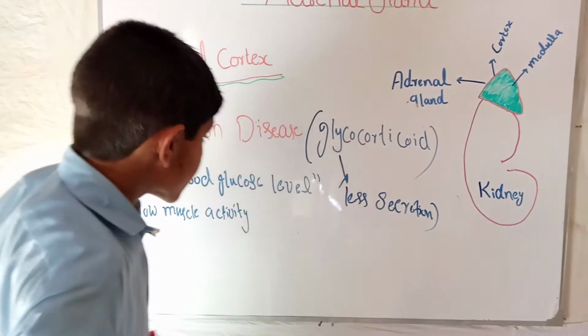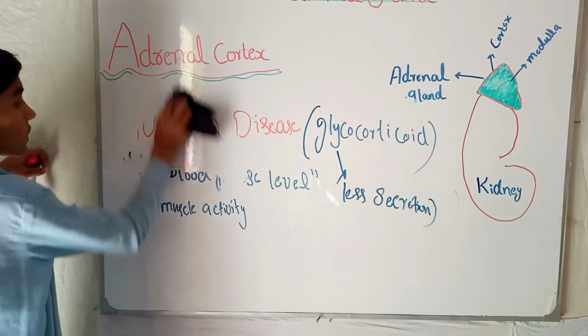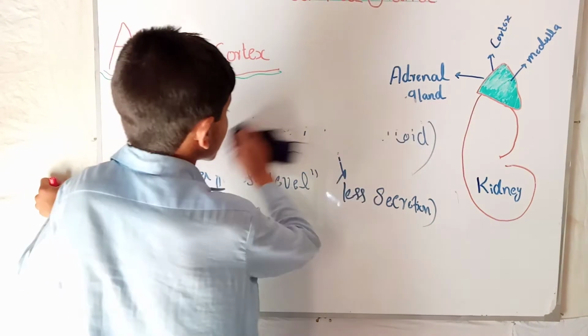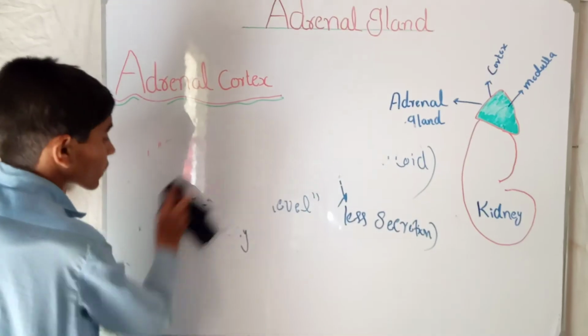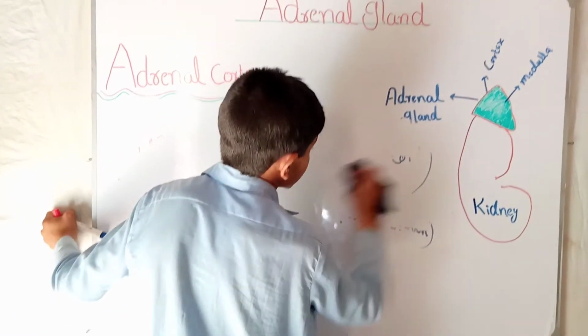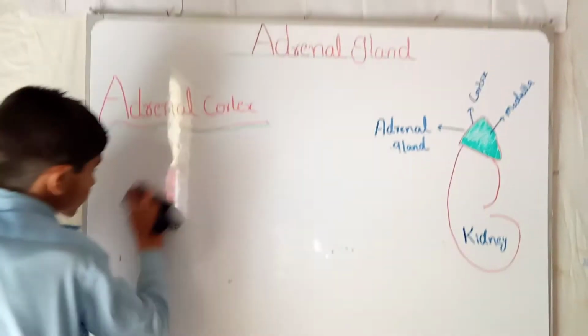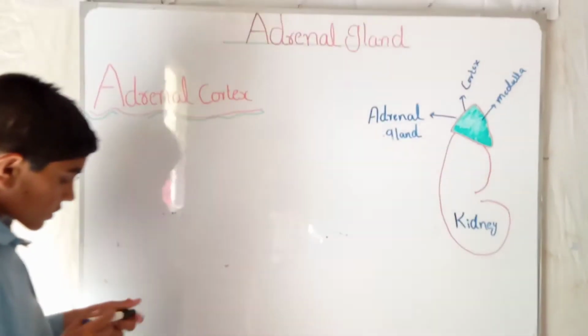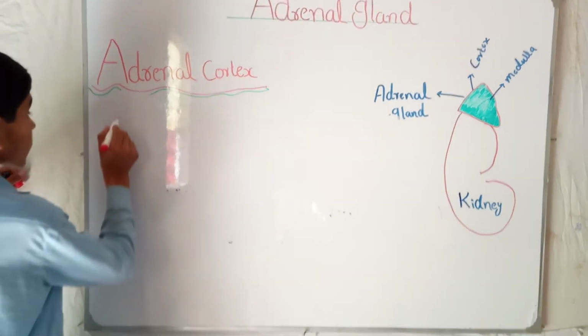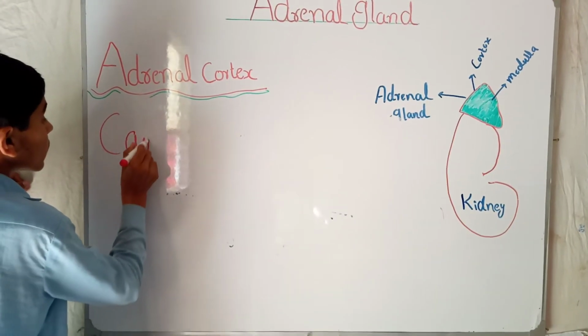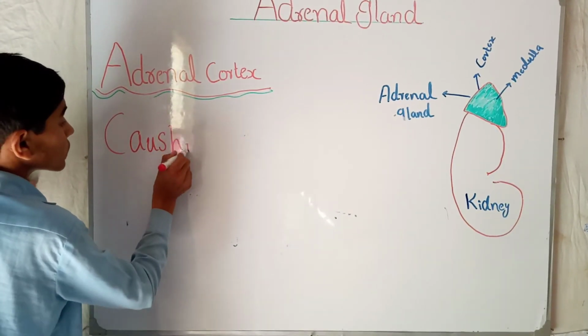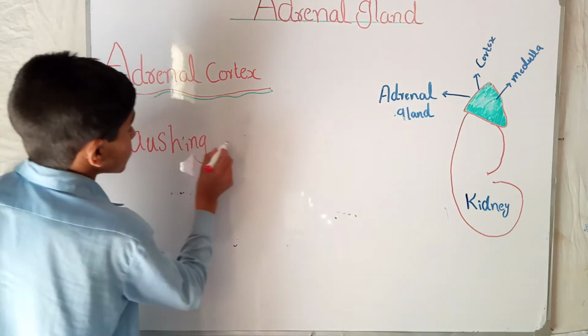Next is another disease which is opposite to this disease. Its name is Cushing's disease.